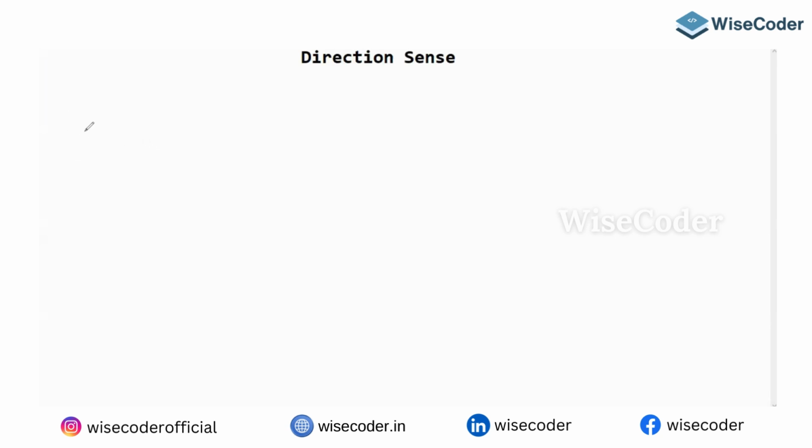Next question. Mahesh travels 3 meters towards east and then turns to his right and travels 4 meters.